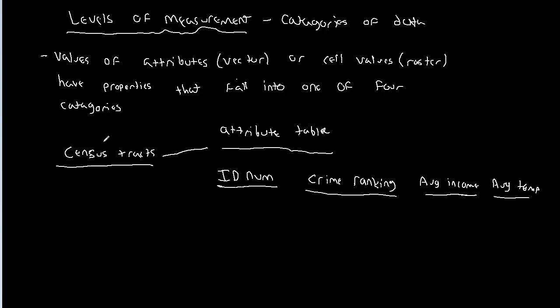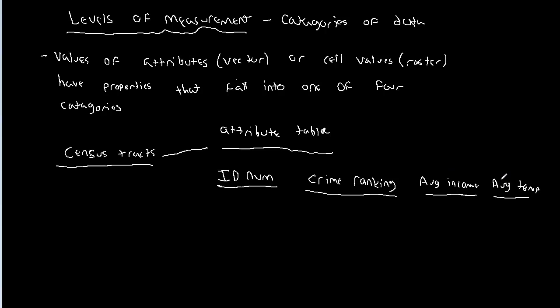Right? And so we have census tracts where we have the ID number, the crime ranking, the income, and the temperature. And in the back of our minds, we're thinking that maybe ranking crime, income, and temperature might be related to each other. Maybe we're thinking that areas that are incredibly cold might have less crime because criminals are less likely to go outside. Or maybe we're thinking there's a relation between income and temperature.